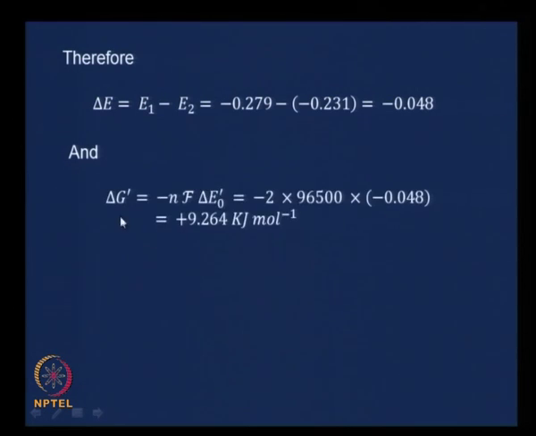And delta G dash, which is minus nF delta E dash, is minus n, which is 2, F 96,500, delta E we have calculated here as minus 0.048, and the value turns out to be plus 9.264 kilojoules per mole.